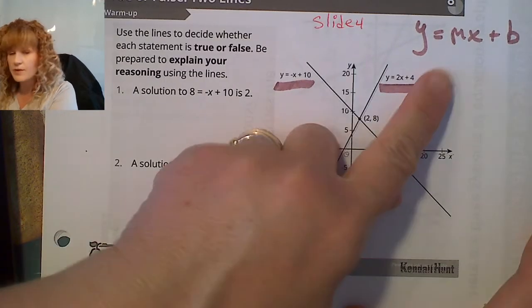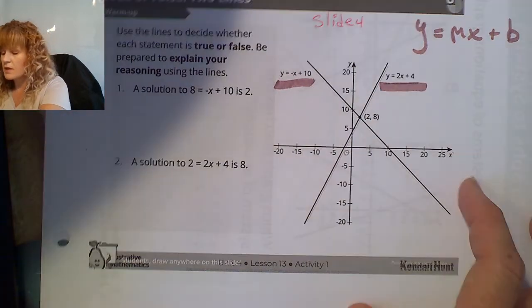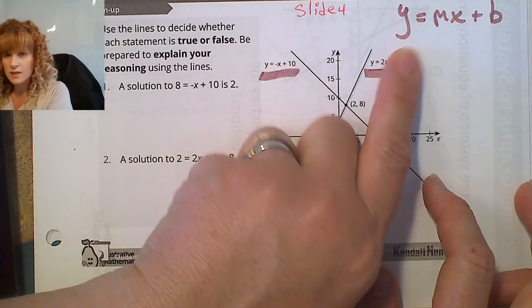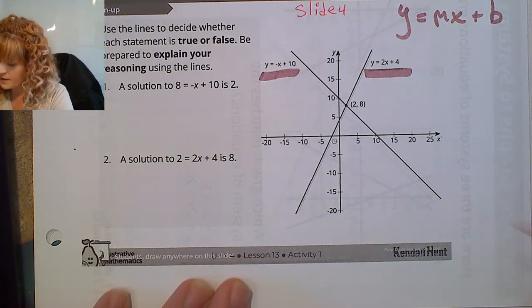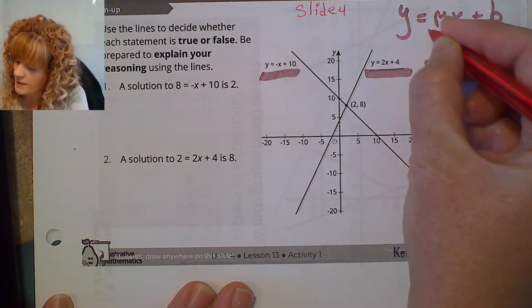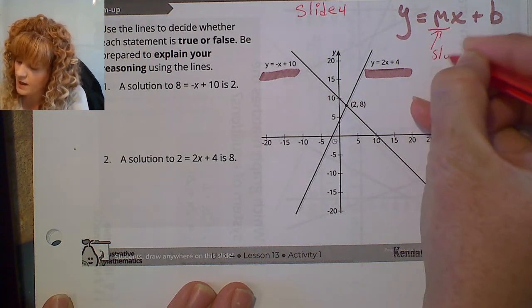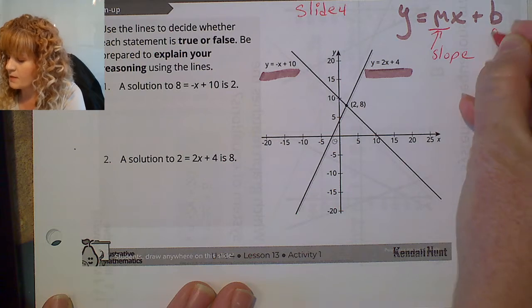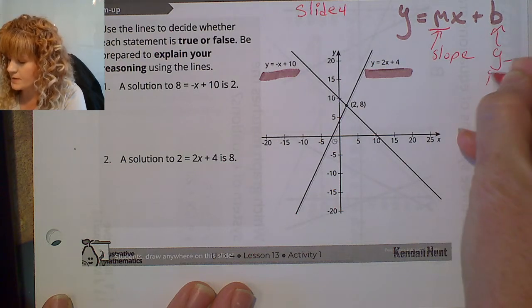The slope-intercept form of an equation is y equals mx plus b. You'll need to remember that in this assignment. Please remember that m equals the slope of a line and b equals the y-intercept.